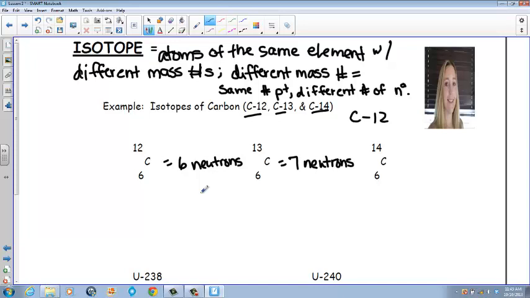And 14 minus 6 is equal to 8 neutrons. This is because a neutron has a mass of 1 AMU. So every time we have an extra neutron, the mass number right here goes up by 1, okay? That is changing the mass number in units, AMUs, by 1 every time we add a neutron. Therefore, it's going to change the atomic mass that we see on the reference table.